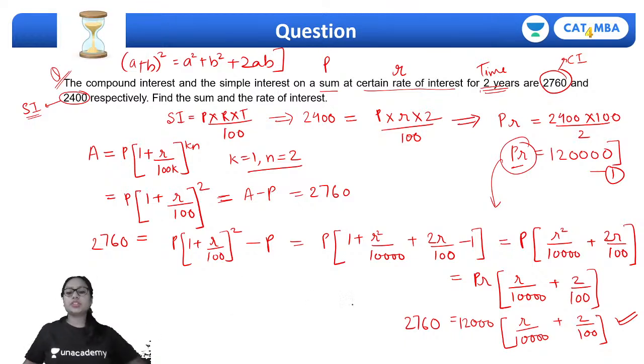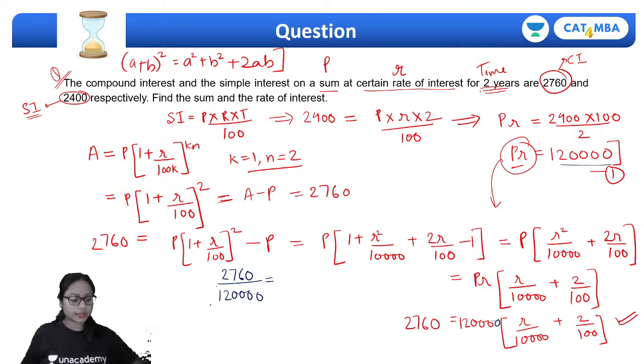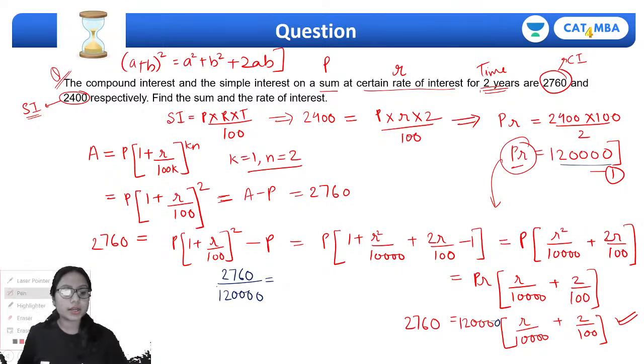Let me just recheck that. So I will get 2760 upon 12,000. Let me just simplify this first. No, 21 is not right. Please see if your calculation is correct.